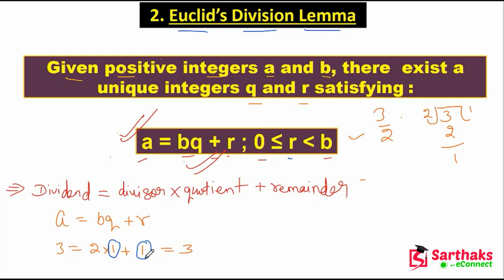Of course, r is 1, which is greater than 0, but it must also be less than b. And what is our b? Yes, 2. And 1 is also less than b. So this satisfies and verifies the relation a = bq + r. So I hope you got this point.